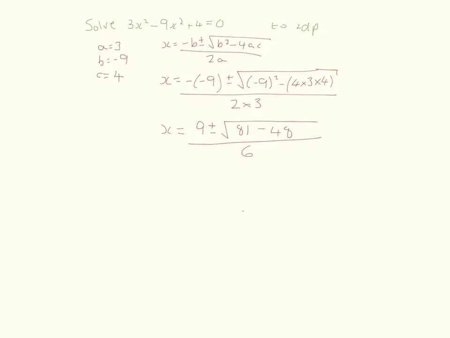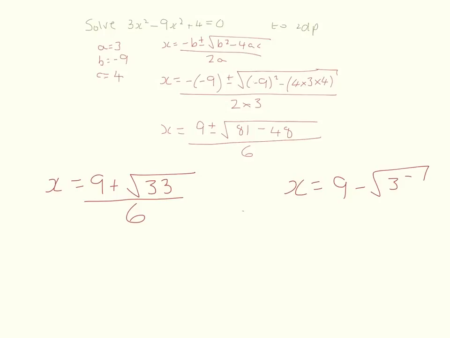Okay, I'm just going to give myself a bit more room. So this is the part where we split our answers. So x equals 9 plus the square root of 81 take away 48. 81 take away 48 is 33. And that's divided by 6. Or our answer could be x equals 9 minus the square root of 33 divided by 6.